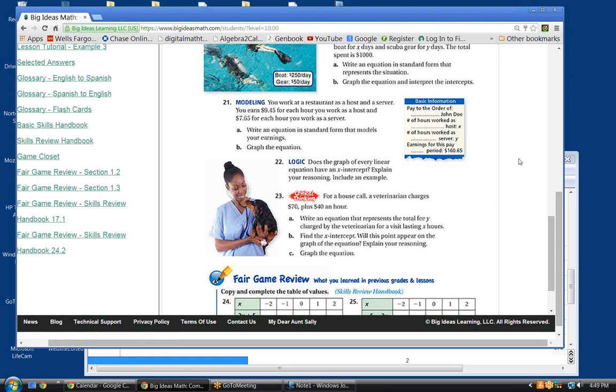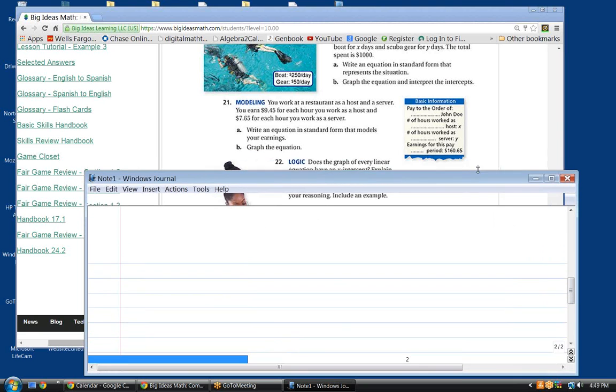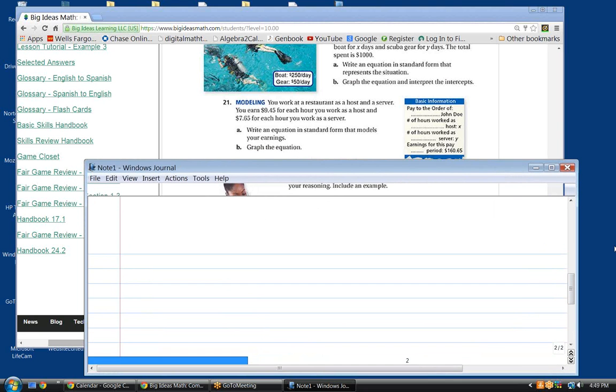So let's look at 21. You work at a restaurant as a host and a server. You earn $9.45 for each hour you work as a host and $7.65 each hour you work as a server. Write an equation in standard form that models your earnings.